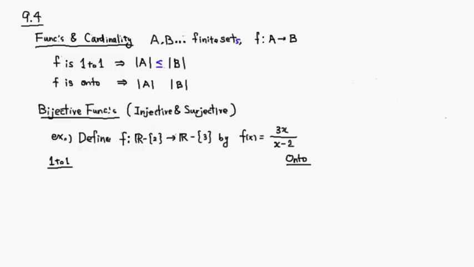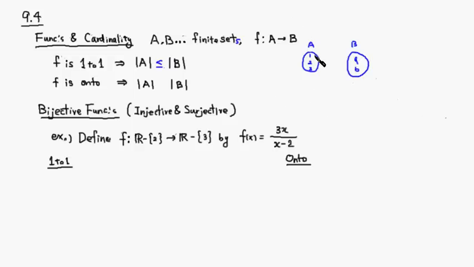Why is that? Let's look at an example where the cardinality of B is smaller than the cardinality of A. I'm going to put 3 elements in A and a couple of elements in B. Can we make a function that is 1 to 1?